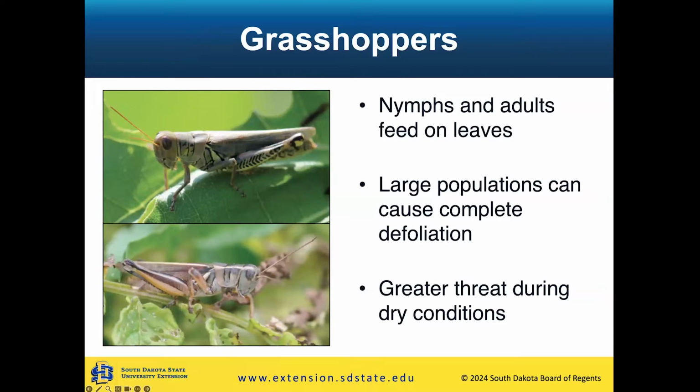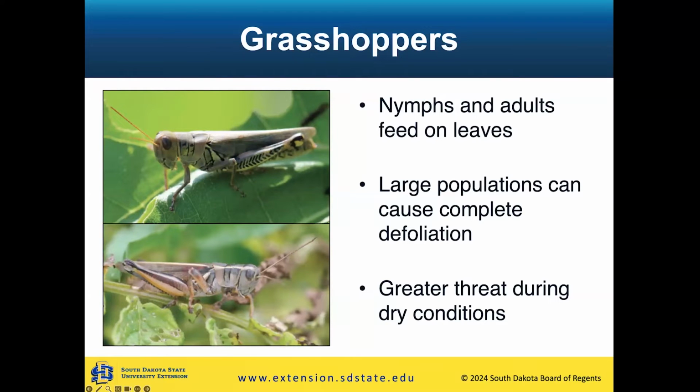Okay, the next one I want to talk about is grasshoppers. And this is one that is always an issue every year. The nymphs and the adults, we're very familiar with these, they'll feed on the leaves. And as you get later in the season, you'll have more of those adults showing up. And that can really cause some problems because they have a bigger appetite and can cause a lot more defoliation a lot faster.